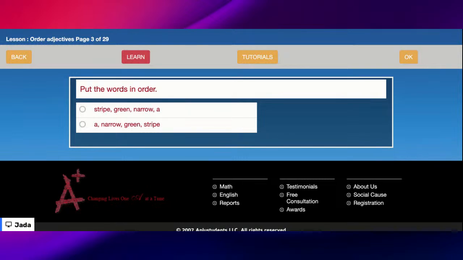Good. We have stripe, green, narrow, a. What would be the correct order here? A narrow green stripe.